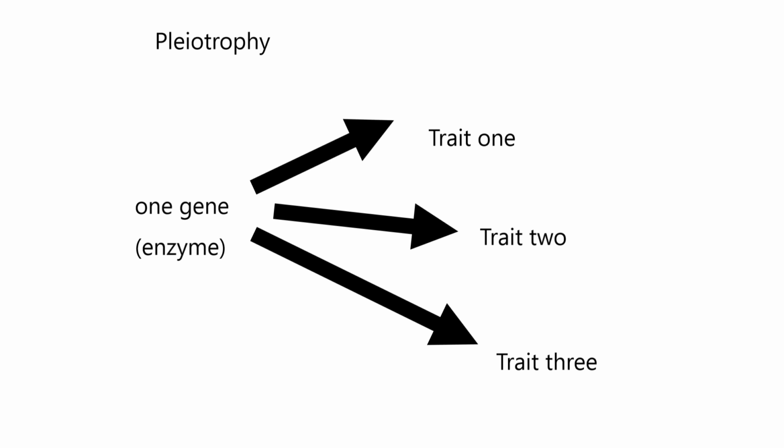Okay, here we are. We're talking about pleiotropy now, where one gene affects multiple traits. That's what I'm trying to depict in my figure that I created. I didn't have to draw anything, so it looks pretty good. One gene at one locus might be coding for an enzyme. This is actually a real example in humans.